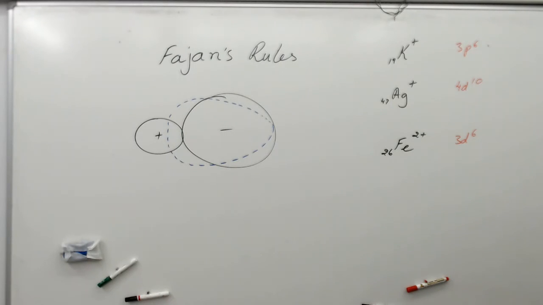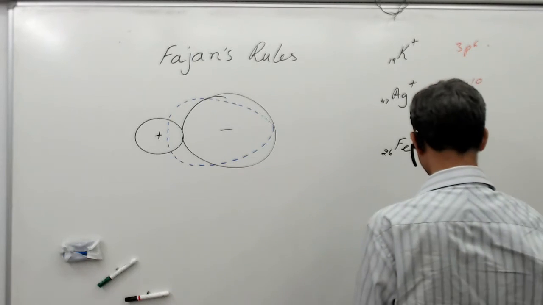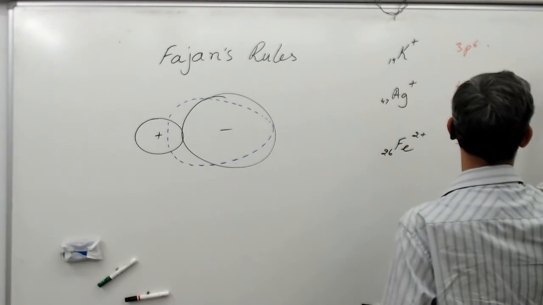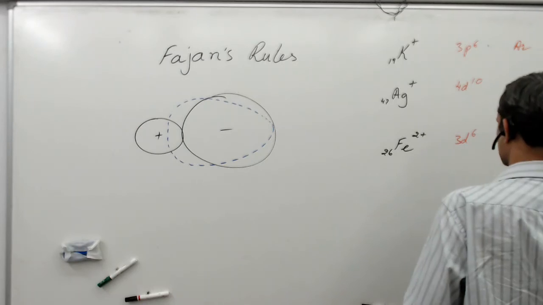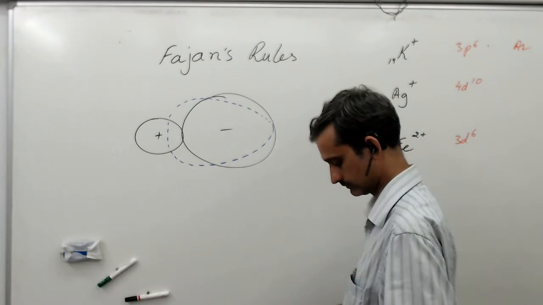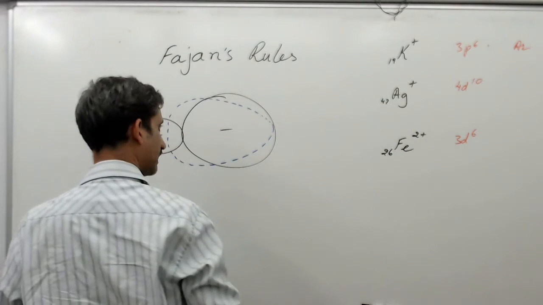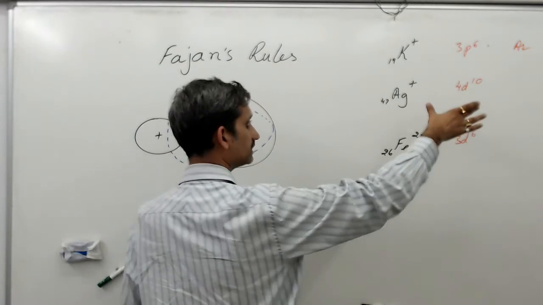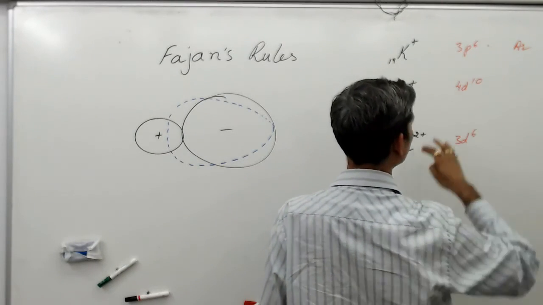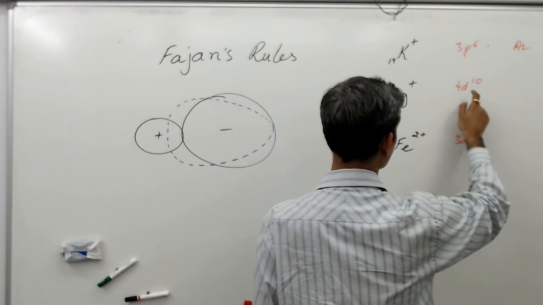Is that clear? Now, as you can see, potassium has a configuration of argon. But silver, although it is completely filled, it is not a noble gas configuration.